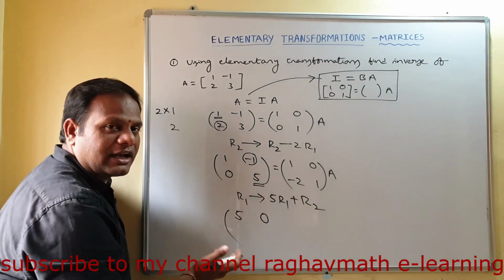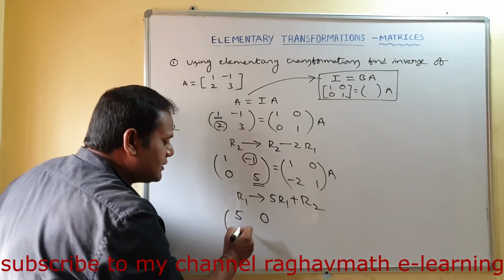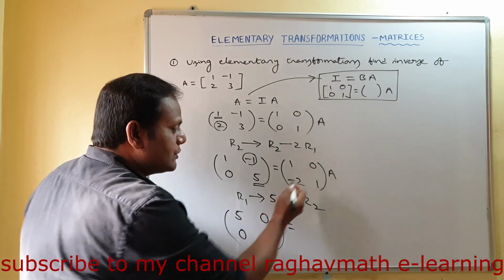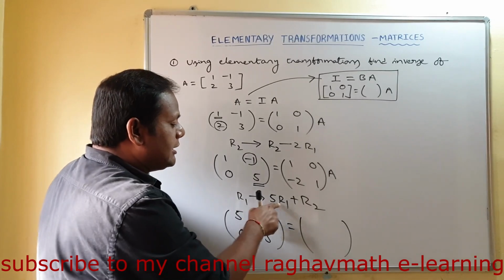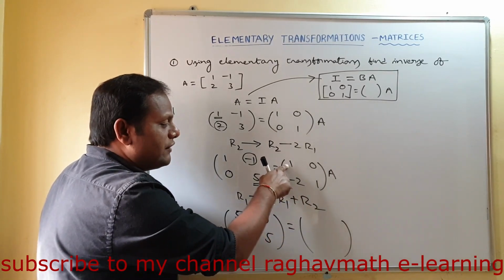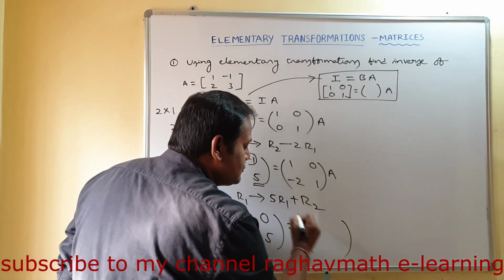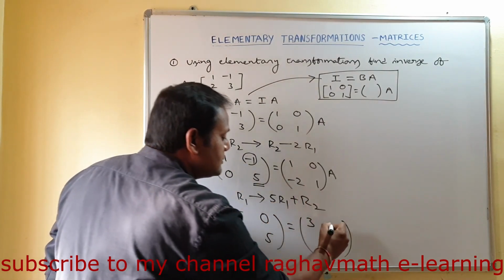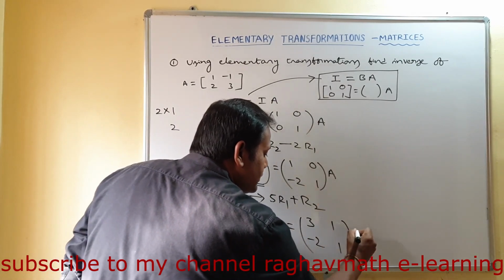No change in R2, because on the left side we have taken only R1, so take R2 as it is: 0 and 5. Equal to, so on the right side also you have to apply the same operation. You multiply R1 with 5 and add to R2. 5 into 1, 5, plus minus 2, it is 3. 5 into 0, 0, plus 1, so it is 1. Take R2 as it is: minus 2, 1, into A.